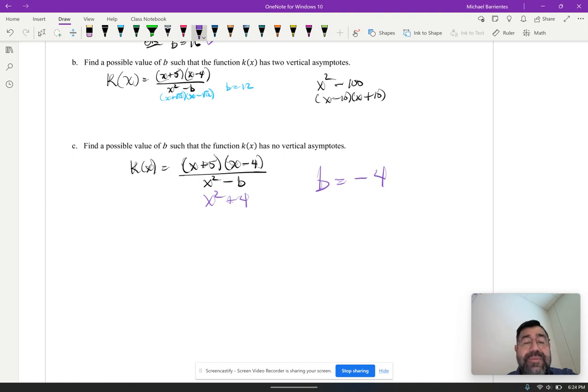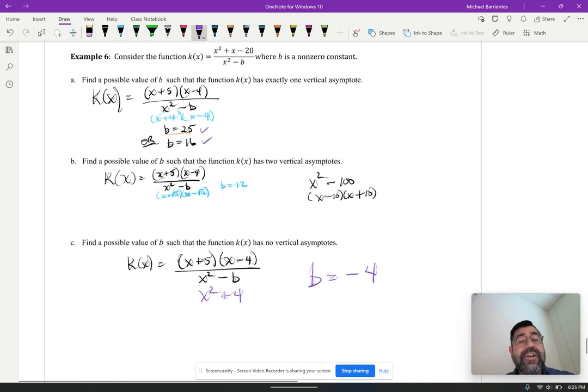Well, no, that's impossible because any number squared will be positive, and if I add more to it, then it's never going to be equal to 0. So while this is an example of that, the reality is you can pick any b value that's negative, and any b value that's negative will produce an x squared plus something, which is impossible to solve, and therefore there will be no vertical asymptotes in the graph.